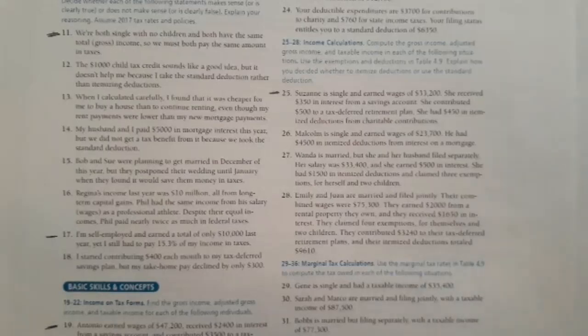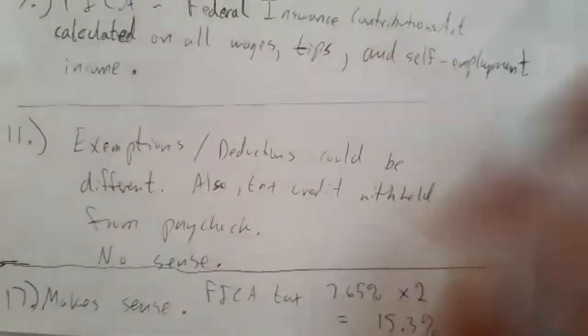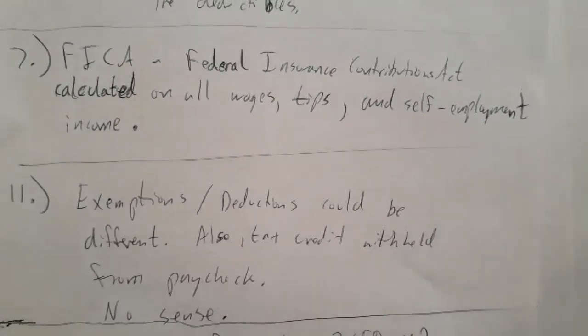And I think you've already kind of got it right. No. There's a lot of things that could determine that, and I broke down a few. There are exemptions and deductions that they could have made that are different. If someone is putting more money to charity and doing itemized deductions, or if they have any tax credit or withholding from their paycheck that you have to figure out later, that could make it different.